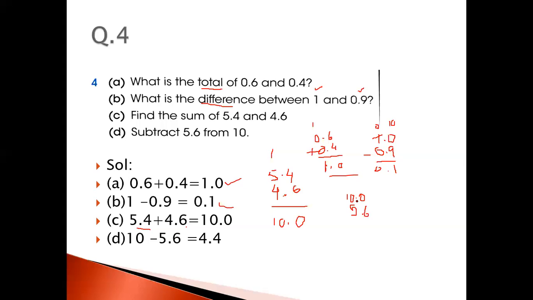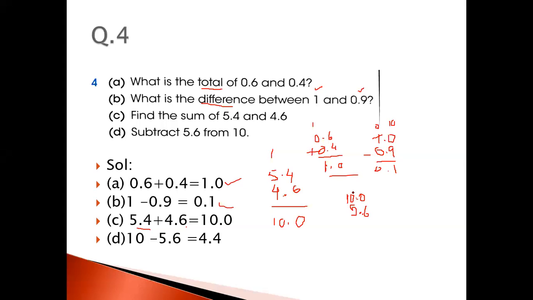They said to subtract. So decimal should be below the decimal, and we will mark it prominently. Then 0 minus 6 is not possible. We borrow 1 from this one, and that 0 also borrows 1 from here.